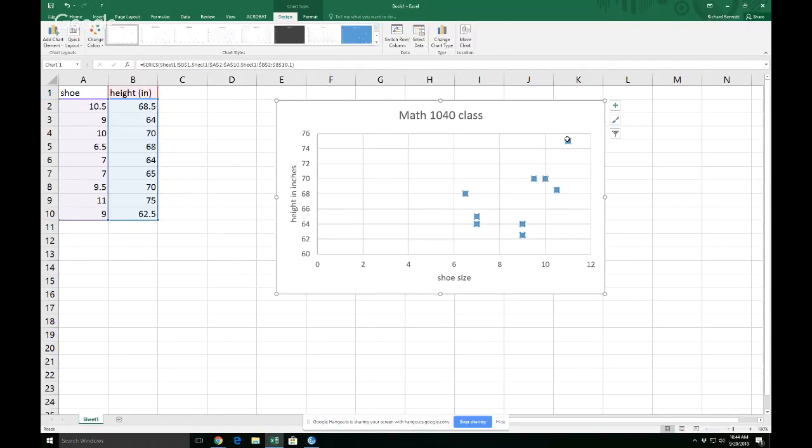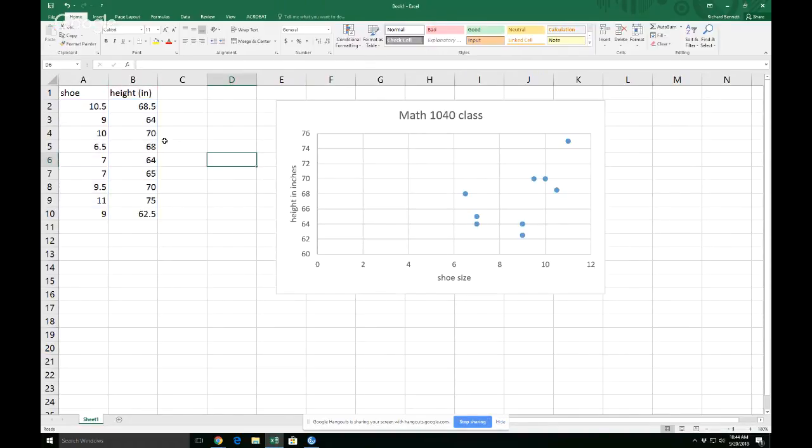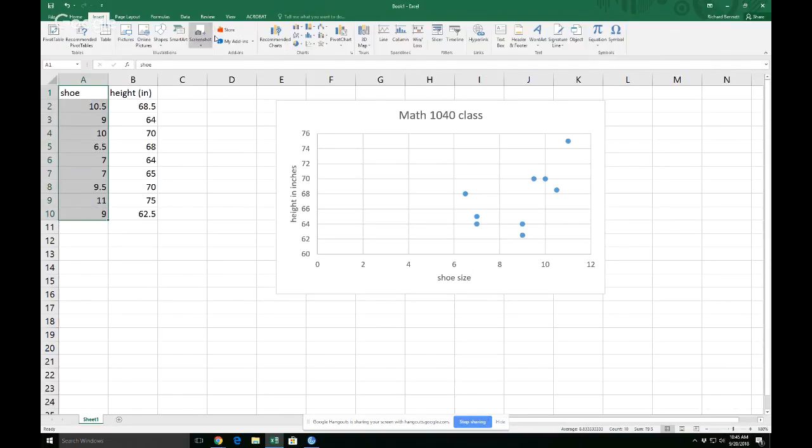Now, do you guys remember how to make a box and whisker? Would it be a good idea to put these on the same graph? No, because the units are not the same. It's okay to put them on here together, but if I were going to do a box and whisker, let's just do that super quick.